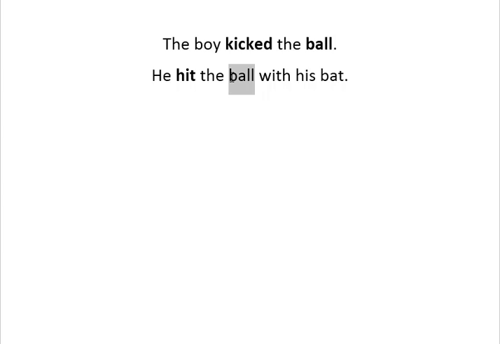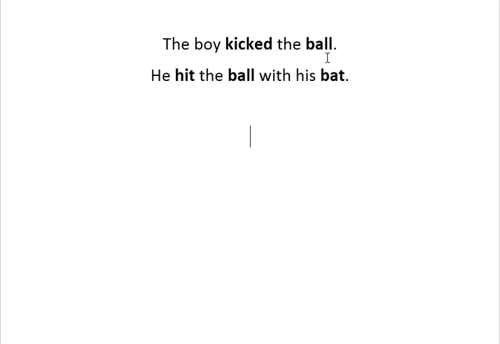In the second sentence also ball is the direct object, but in the second sentence we also have an indirect object. So what is the similarity between both these sentences? The similarity is that in both these sentences the verb requires an object to make complete sense, or to get complete meaning.